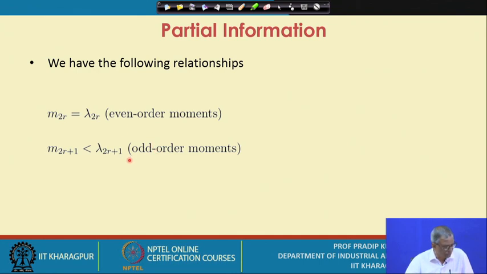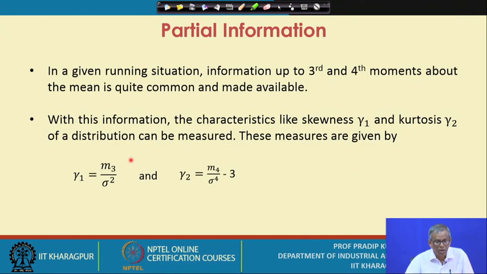So these two relationships you just remember. In a given running situation, the information up to the third and fourth moments about the mean is quite common and made available. With this information, the characteristics like skewness, whose notation is gamma 1, and kurtosis, whose notation is gamma 2, can be measured.